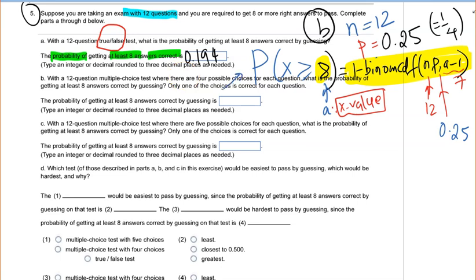You find the probability of X greater than or equal to 8, which is at least 8. Let's do the math here.